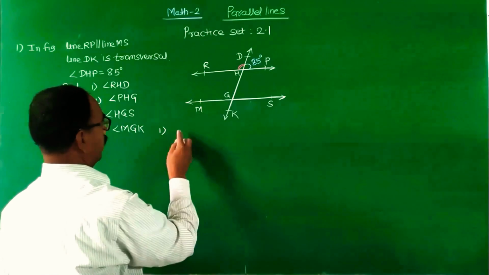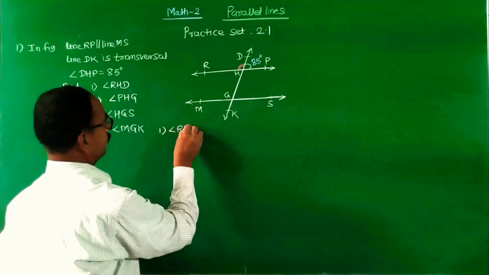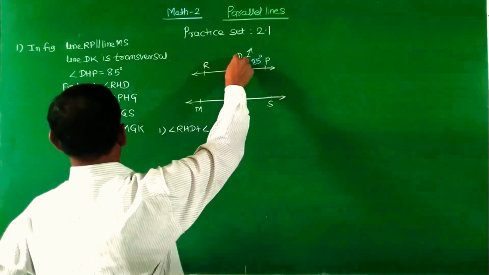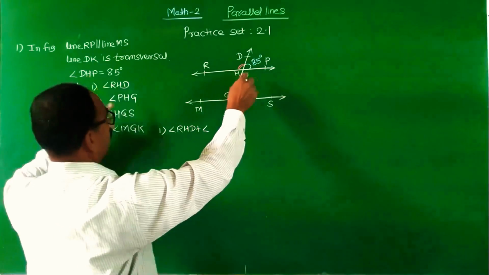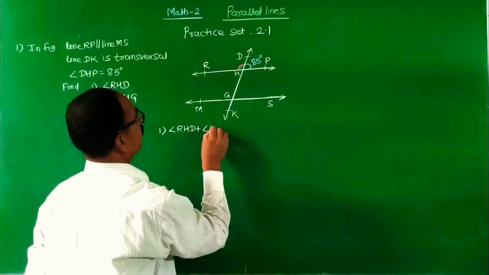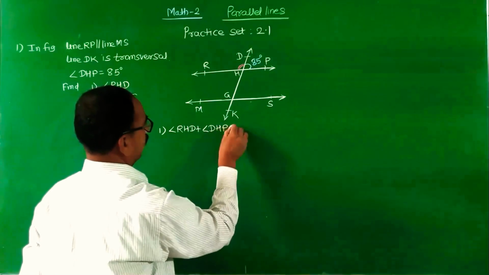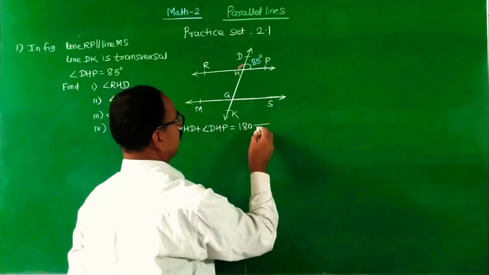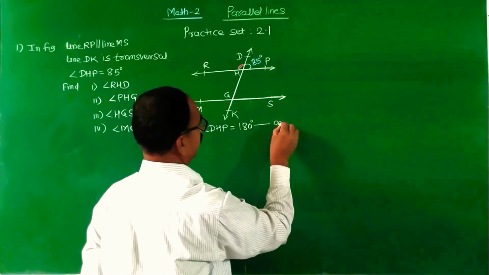Here we can write angle RHD plus angle DHP. This sum is equal to 180 degrees, because angles in a linear pair.